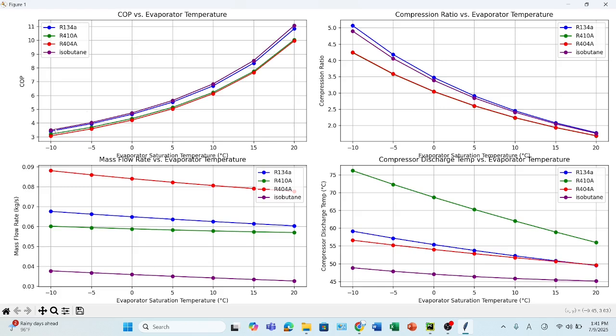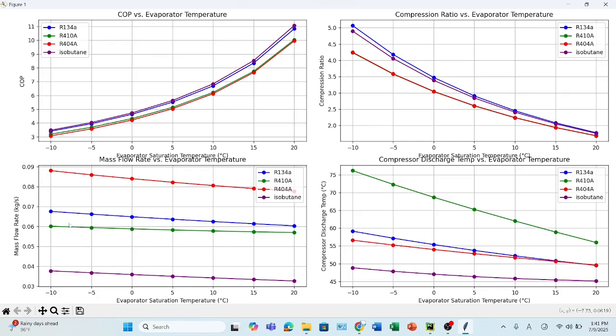So now isobutane, you can see, is giving us the highest COP values, and then R134A, and the compression ratio is also less than R134A, and the mass flow rate is also less than R134A, and the compressor discharge temperature is also less than R134A.